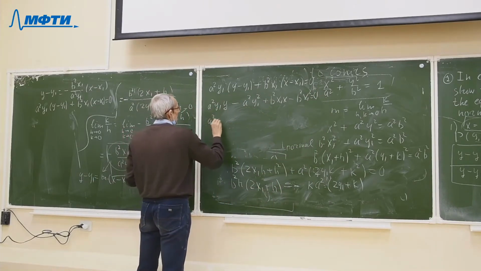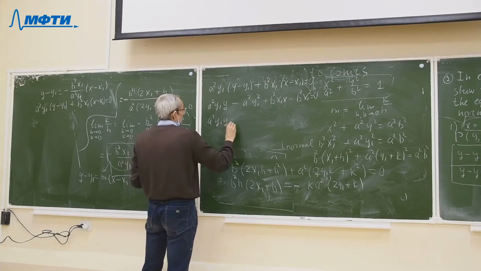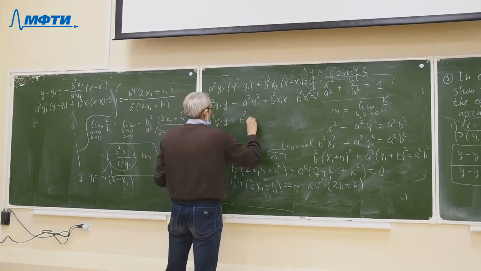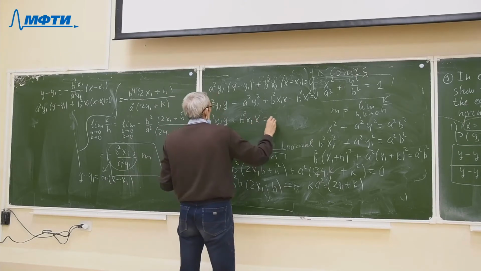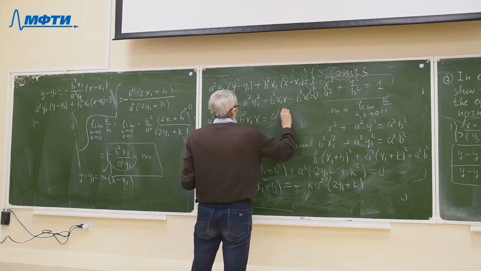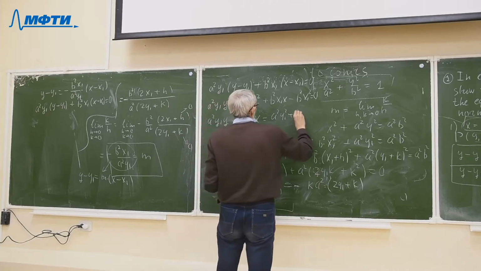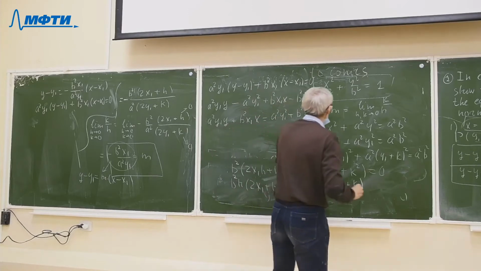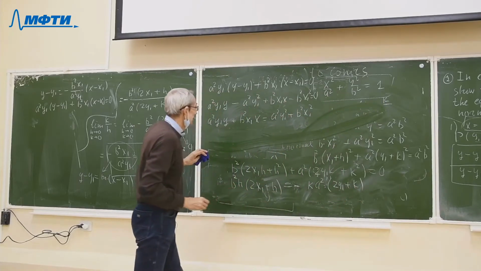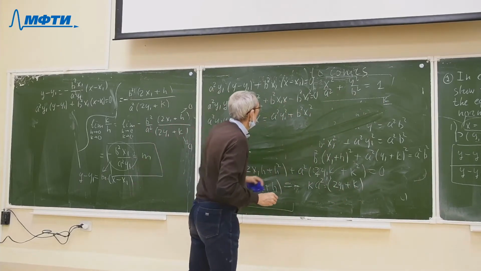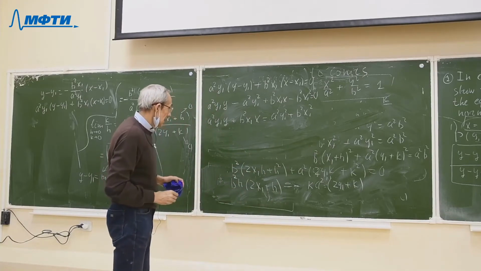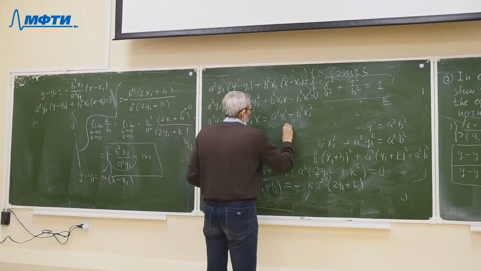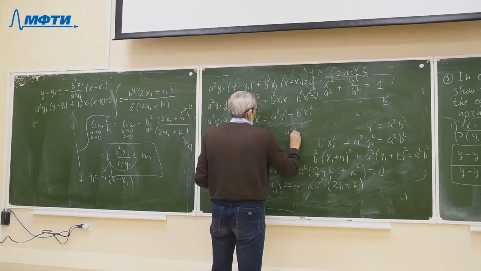And we obtain the final expression from equation of ellipse. The last equation is equal a squared b squared.